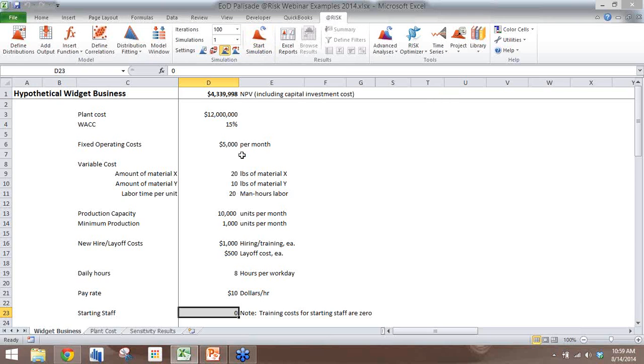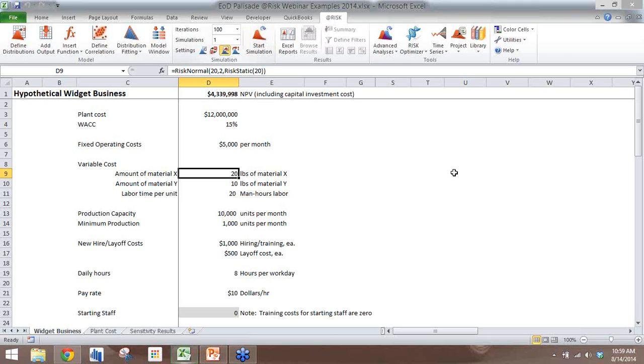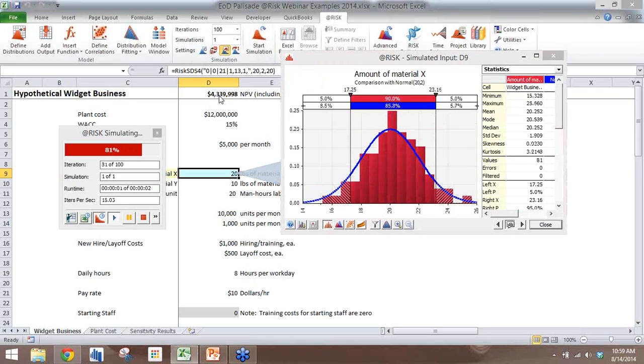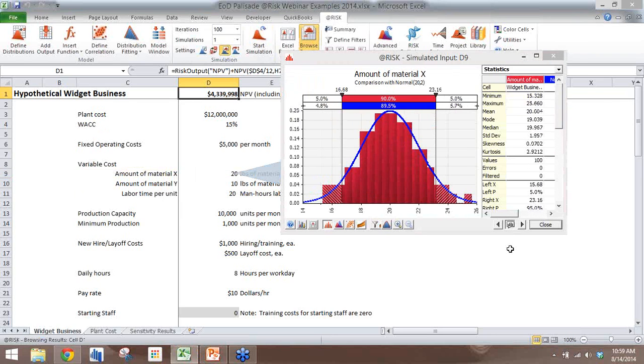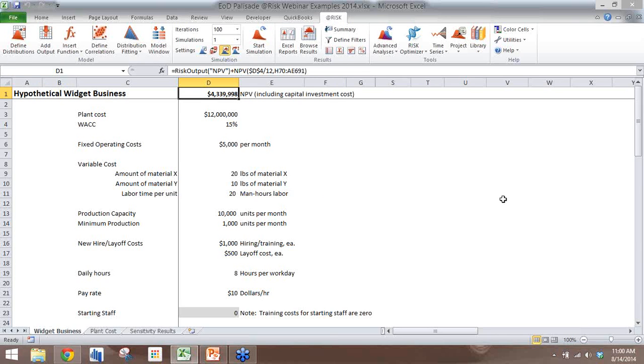I'm just going to rerun my simulation to make sure it's behaving properly. So here again, I got my mean in this case with 100 iterations is $5.8 million, which makes sense. That matches pretty closely with what I had before.